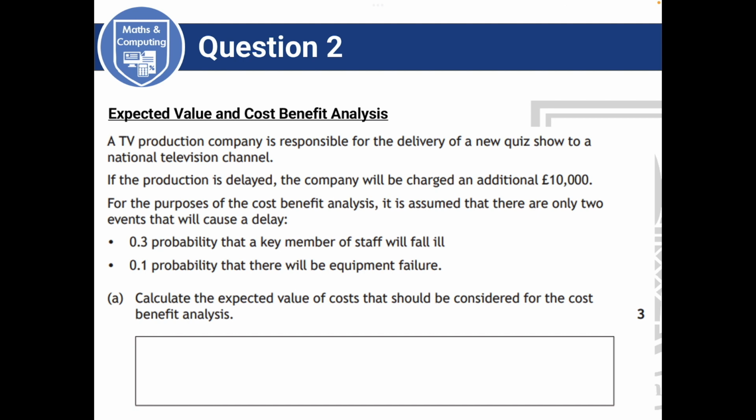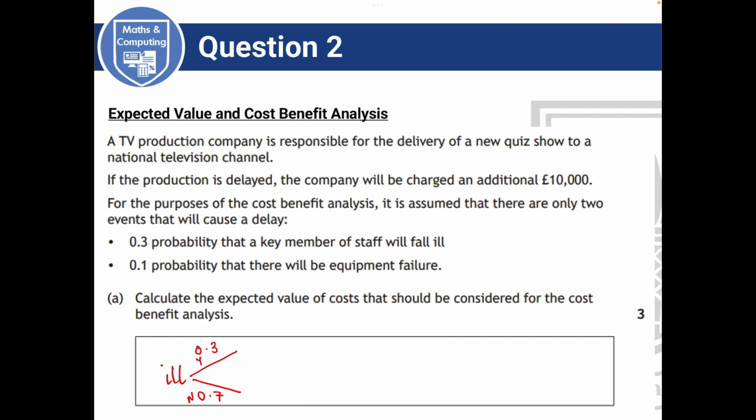We're going to say here that the probability of someone being ill, let's start with that. There is a 0.3 probability that would happen, which means that there's a 0.7 probability that they will not be ill. So that won't be an issue.